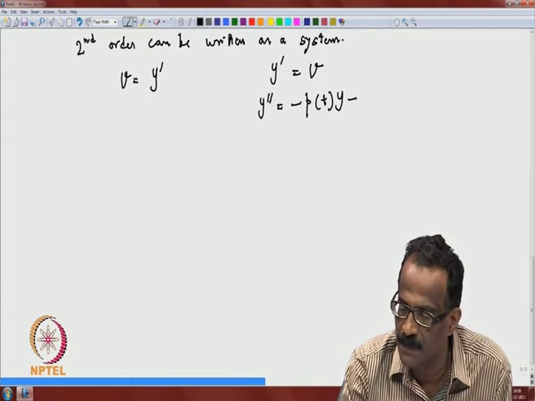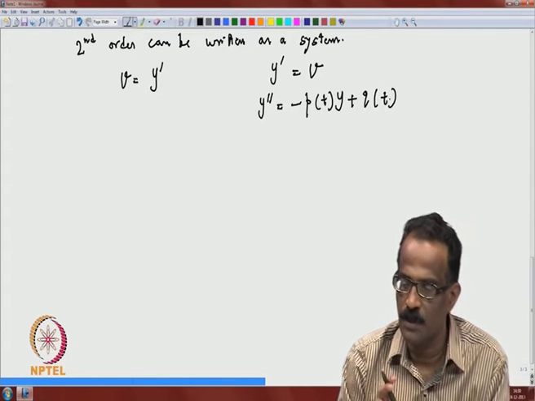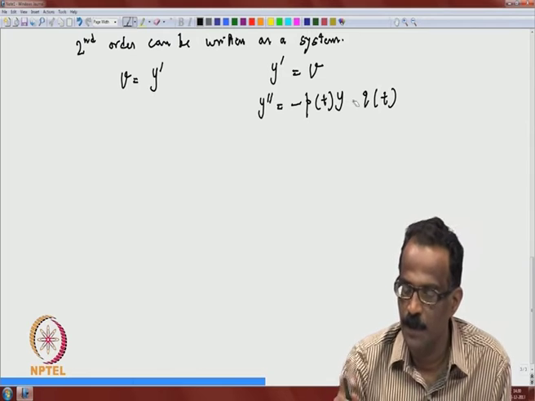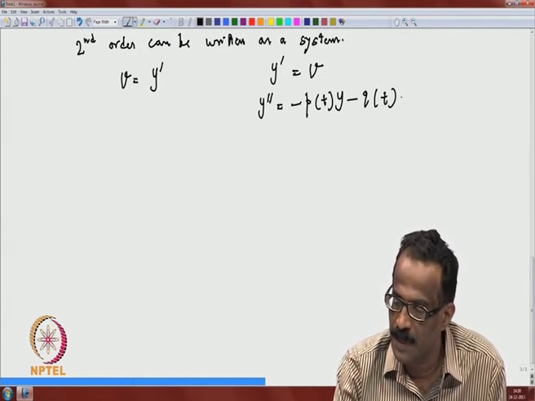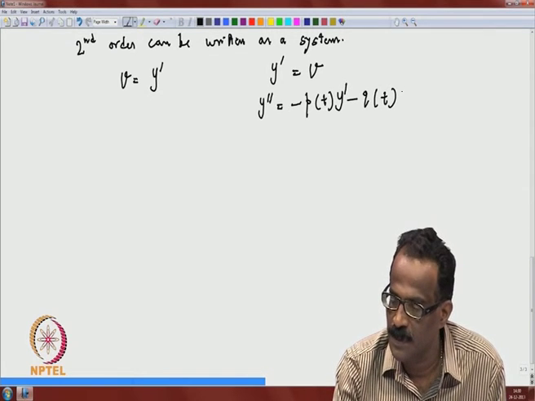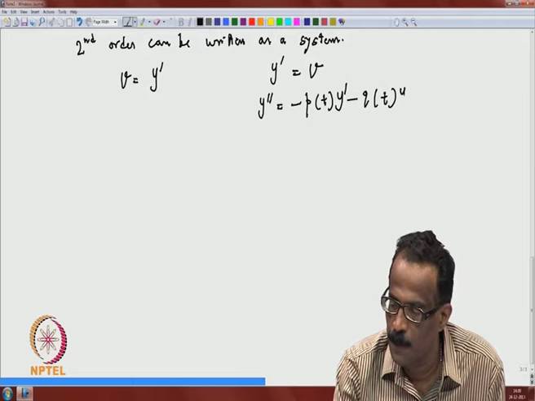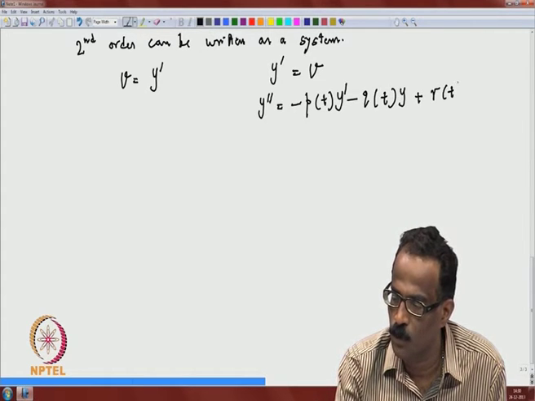minus q(t) y. We are considering the homogeneous system. You can also put this equal to r(t) if you want the non-homogeneous system.